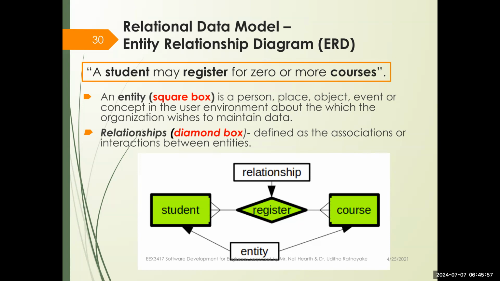One type of statement is: a student may register for 0 or more courses. This sentence belongs to an academic institute. There are students and courses. So a student may register for 0 or more courses.